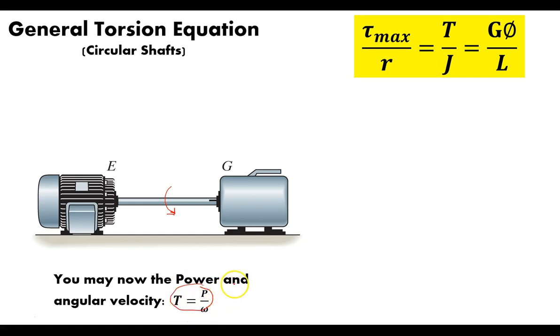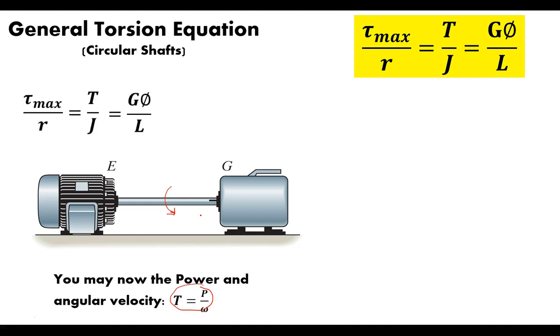Now let's say you need to decide some information about the shaft: either how much stress you can put on this shaft to help you make a decision on the material, or how big to design the shaft, or even whether or not to use a solid or a hollow shaft.